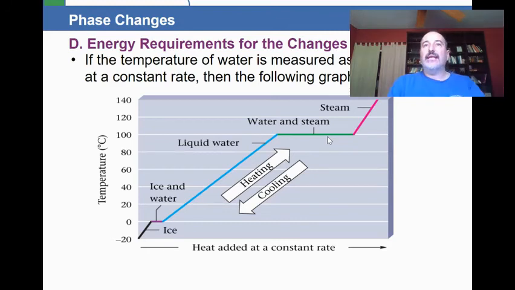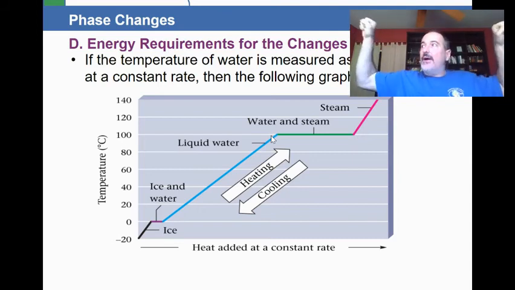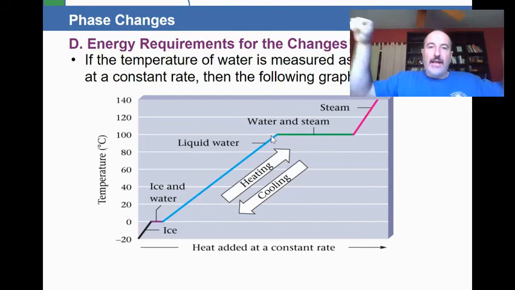Okay? And the same thing goes in reverse. You take steam and you make it into water. It does it at a very constant temperature. All the energy that is being released is from all the particles coming back together. That coming back together releases the energy. Same thing happens down here with ice and water.